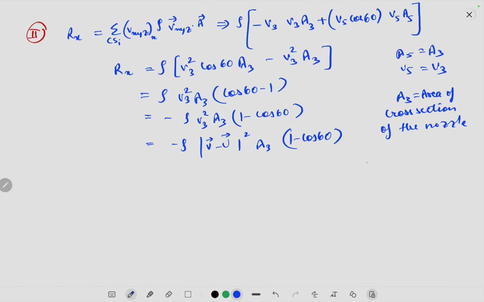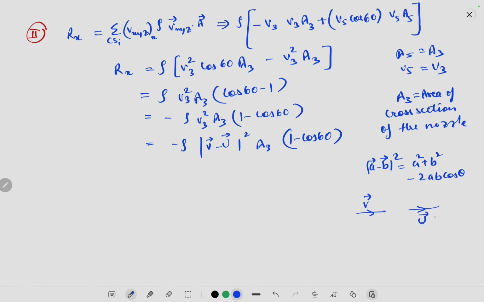I can write this as, so if |a vector minus b vector| square is given, I can write this as a square plus b square minus 2 a dot b, and I can evaluate this dot product with the angle between vector a and b. So what is the angle between v vector and u vector? The velocity of the fluid was v vector in the x direction, and the velocity of the vane was u vector along the x direction.